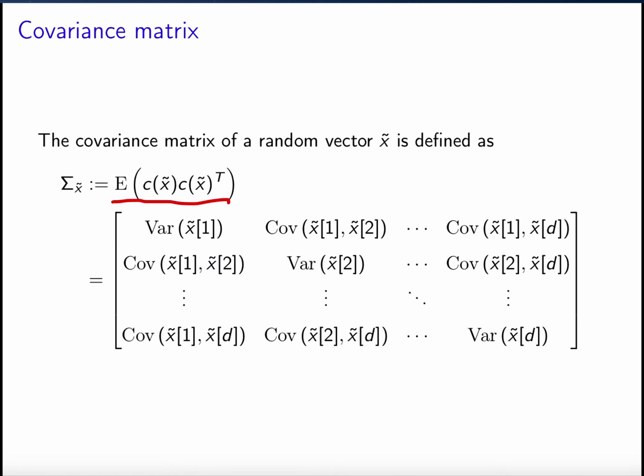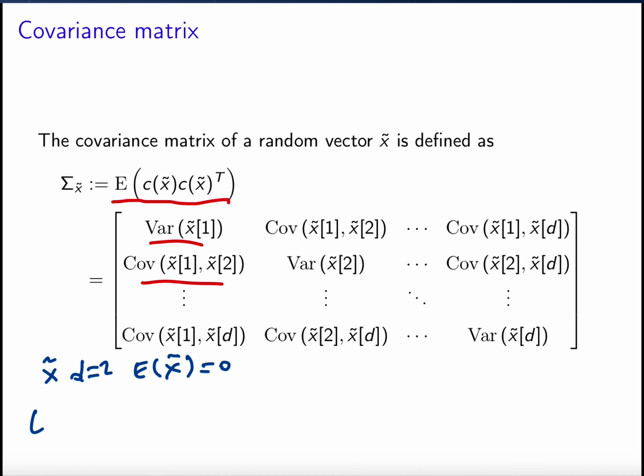And it turns out that we can also write the covariance matrix, and this is probably the definition that you have seen before or that you will see quite often, as variances and covariances of the entries. Why is that? Well, let's consider X, which has dimension 2 and such that the mean of X is 0, just for simplicity.